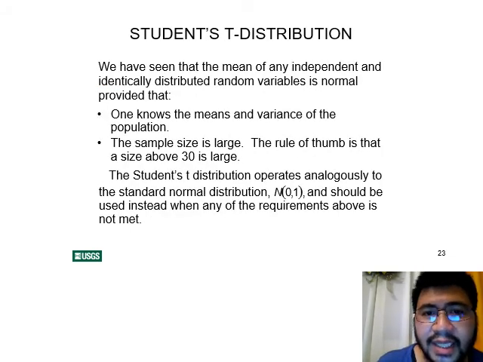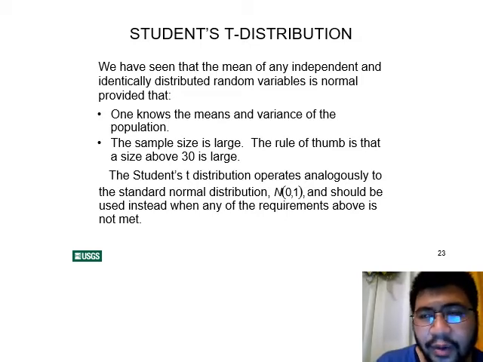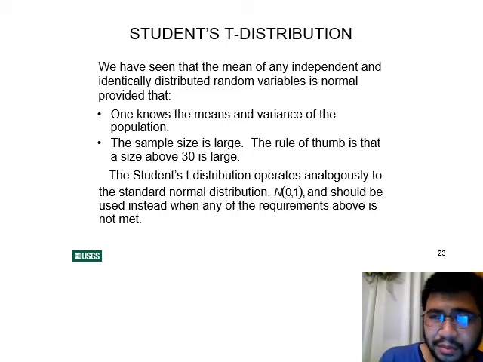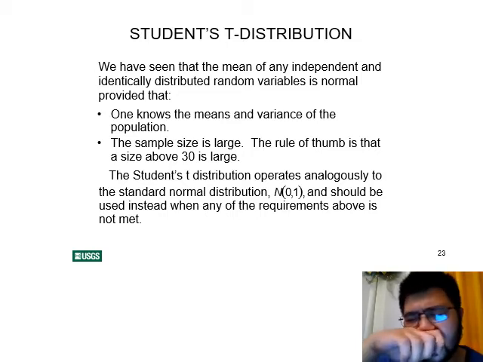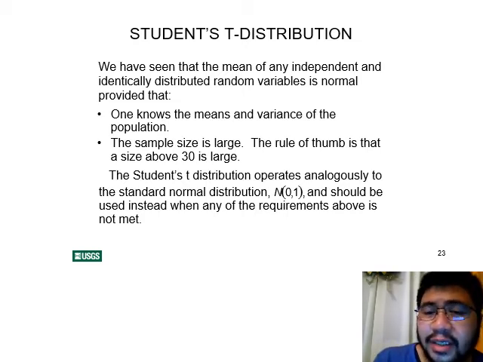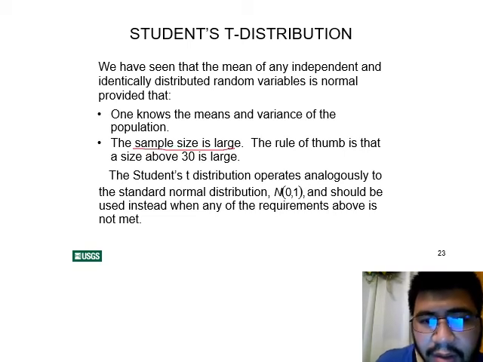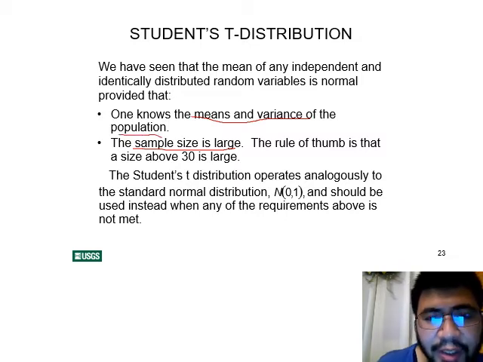All right, students T distribution. So you saw earlier that we were working with the standard Gaussian distribution. Oh, sorry, the normalized standard distribution, which is also called the normalized Gaussian distribution. Now, if our sample size is quite small, or we have limited information on the mean and variance of the population, we can use this students T distribution.